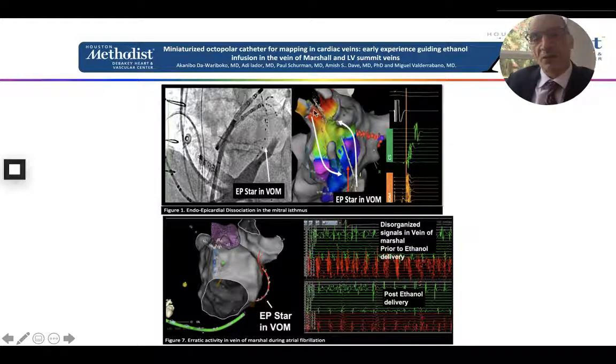Pacing the appendage would lead to an activation coming from the appendage along the lateral wall towards the CS, but when you map the vein of Marshall activation, it activates from proximal to distal, thus supporting the idea that there could be endoepicardial dissociation in the mitral isthmus when you do an incomplete ablation. Also, we can see in certain cases very disorganized signals in the vein of Marshall prior to ethanol delivery that get eliminated with ethanol.